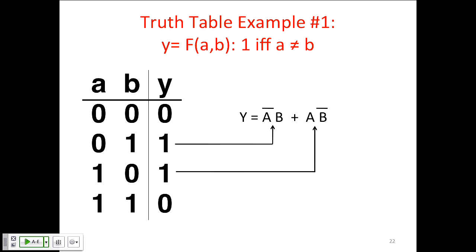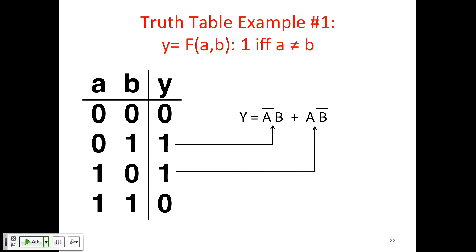So not A and B. If you're thinking about math, this looks like they are multiplied together, AB. And that product is what we use to express an AND operation. So if not A and B, i.e. if A is 0 and B is 1, this whole expression is a 1. Over here, if A is 1 and B is 0, that means not B is 1.